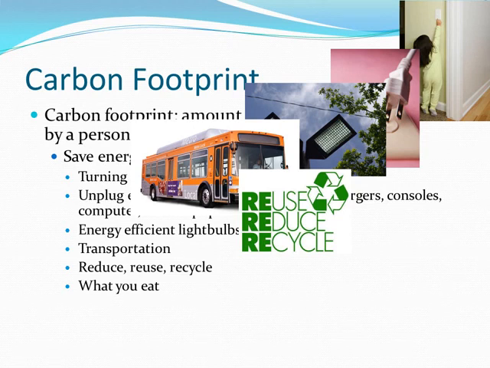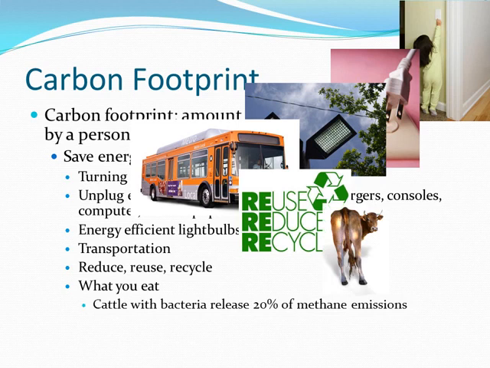Okay, what you eat also helps lessen your carbon footprint. And we talked earlier about cattle, right? So cattle, they release 20% of the methane emissions that are within the earth, just because of the sheer amount of cattle that we have.